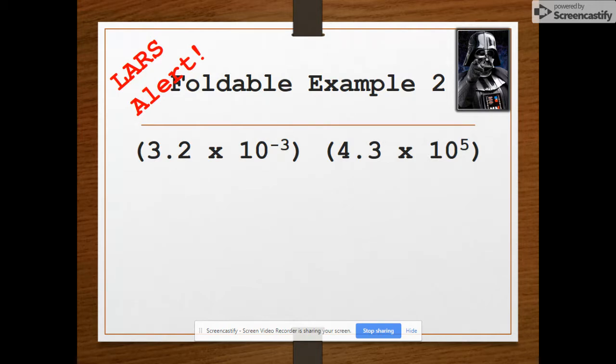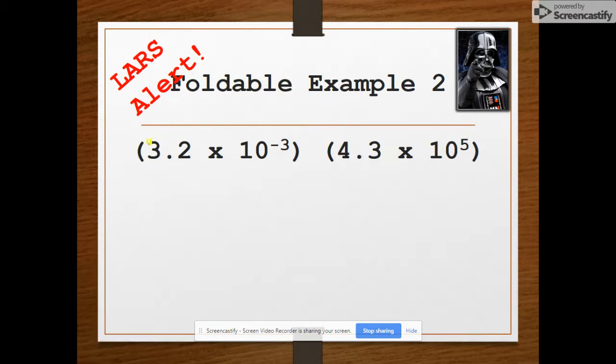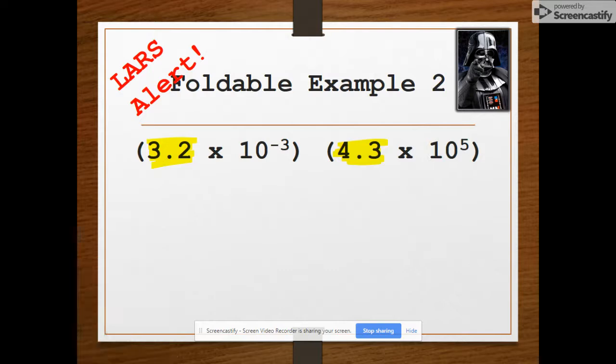Let's look at another example. Again, we are doing multiplication. We are again going to focus first on looking at our coefficients, which are 3.2 and 4.3. So we will begin by multiplying 3.2 times 4.3.